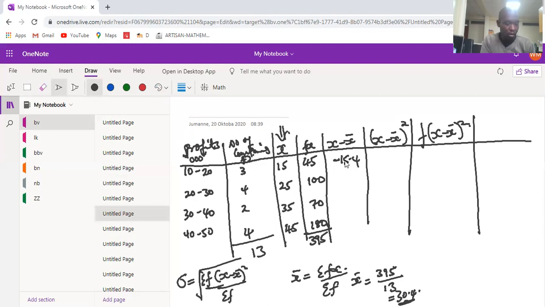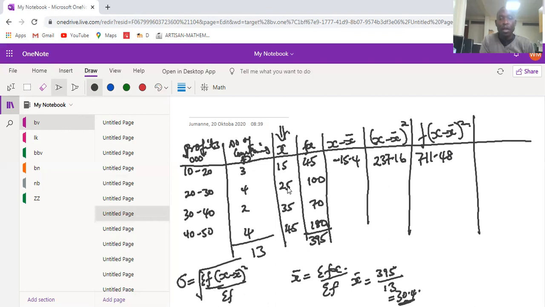Then you square that. You have 237.16. Then you multiply by f, which is 3. You get it is 711.48.